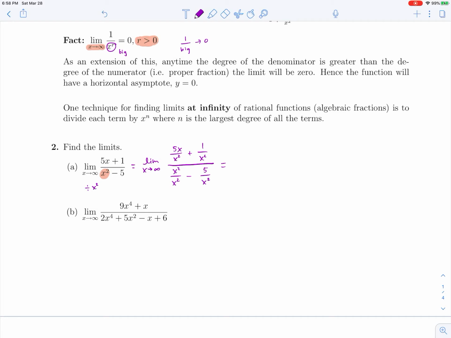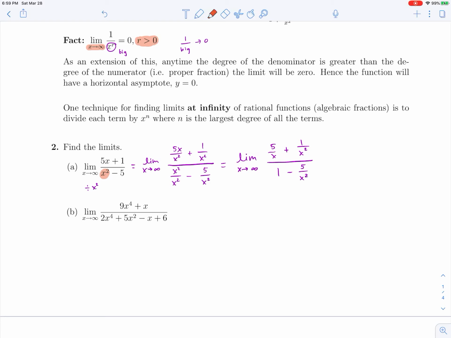And if we reduce these fractions, we get the limit as x approaches infinity of 5 over x plus 1 over x squared over 1 minus 5 over x squared.